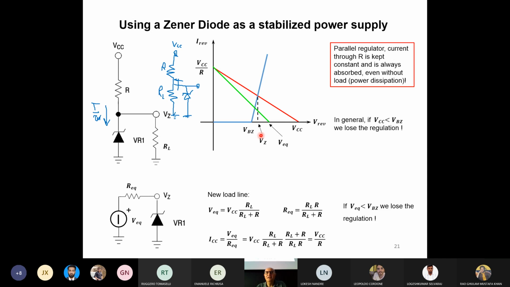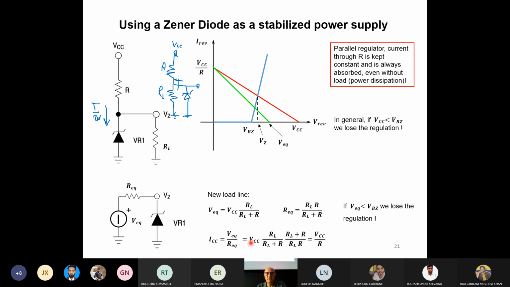What is the intersection with the other curve? It is V equivalent divided by R equivalent. That's the ICC, the short circuit current, so the other point. So V equivalent over R equivalent.